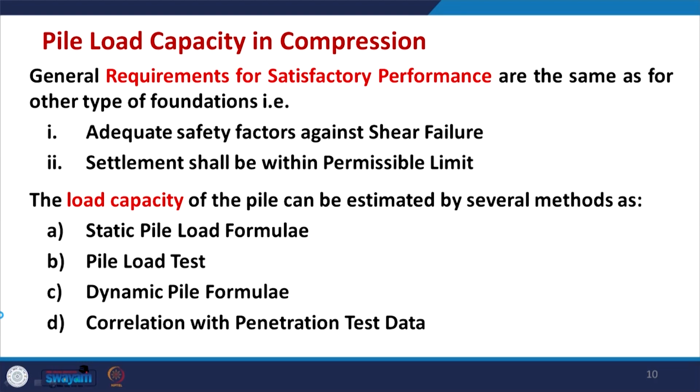All of these, including dynamic pile formulae, will give you the vertical capacity or pile load capacity in compression, not for lateral load. So, we continue with the load capacity in compression. Coming to the first one, static pile load formulae, then we will discuss pile load test and so on.